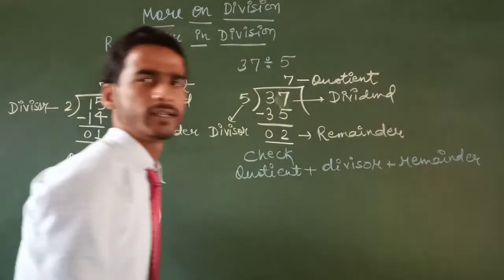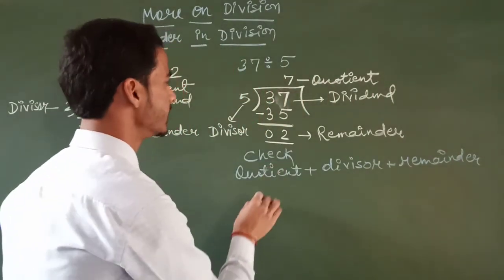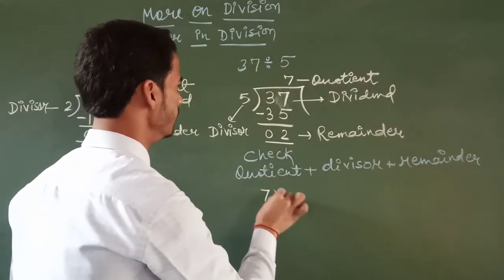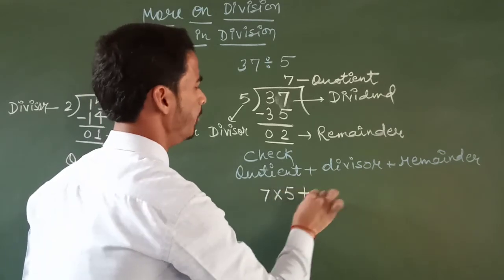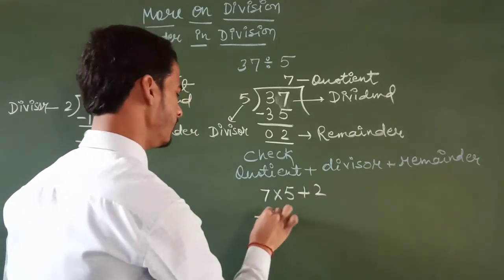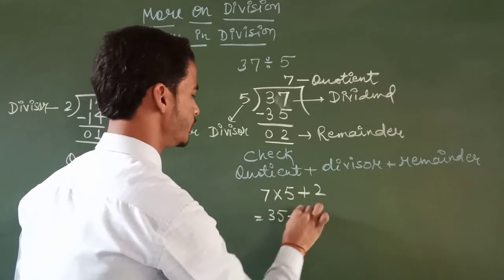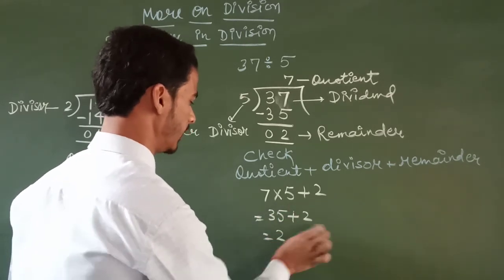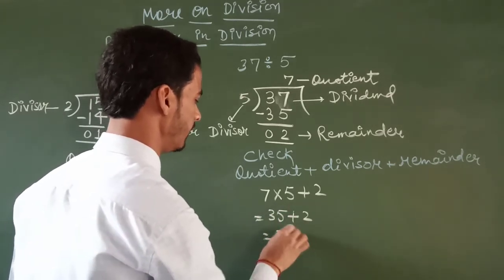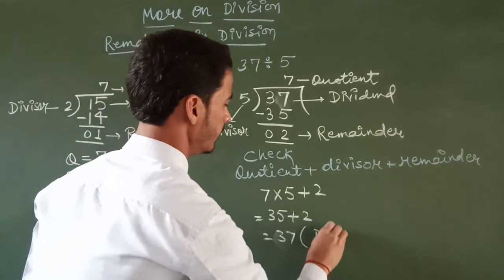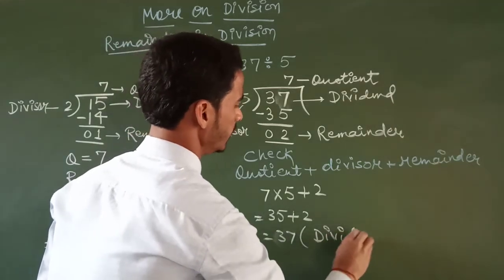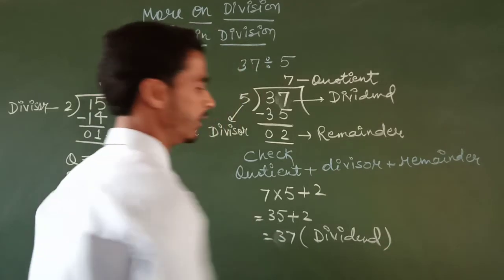Quotient is 7, divisor is 5, plus remainder is 2. 7 5s are 35 plus 2, that is 37. And what is 37? 37 is the dividend.